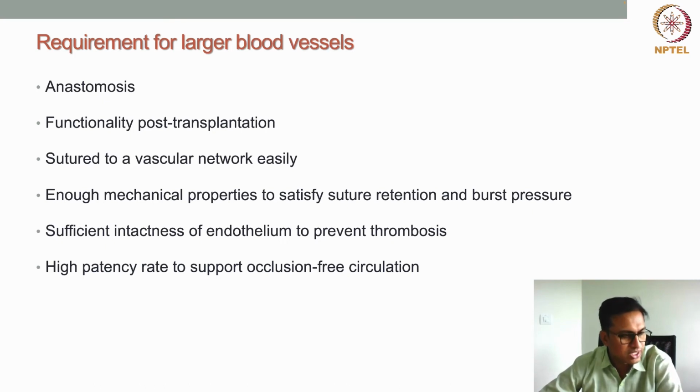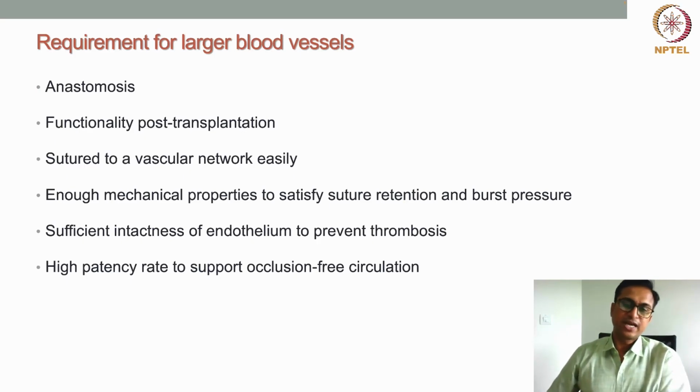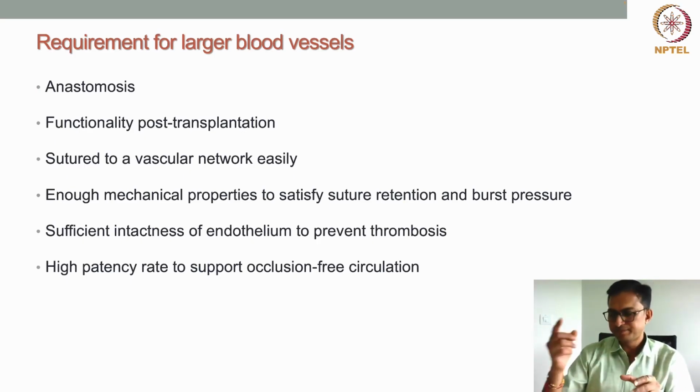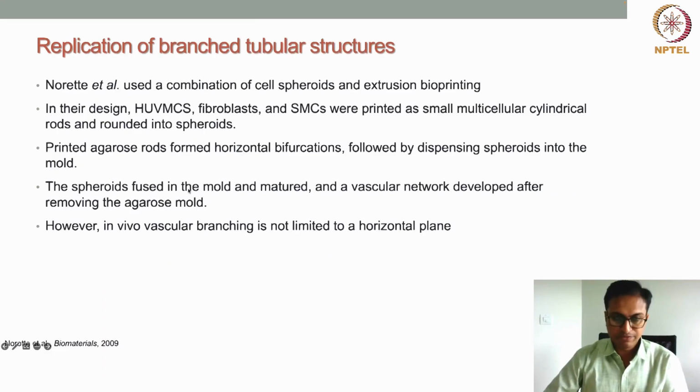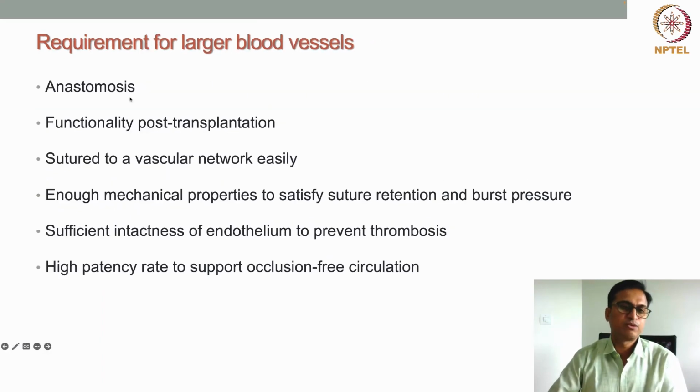When these two connect seamlessly with each other, that is called anastomosis. So it's connecting to the existing one. That is very much required for synthetic blood vessels, because they need to attach to the existing blood vessels for circulation of blood through them. So anastomosis is the very first requirement.